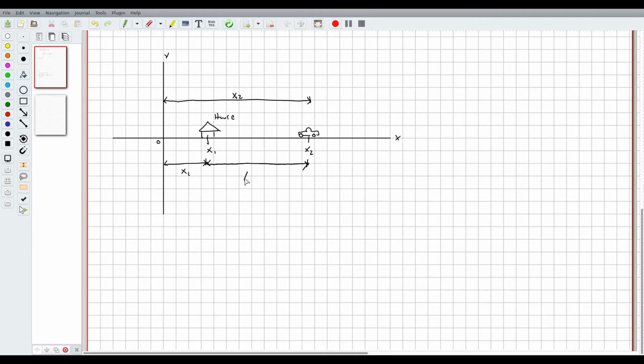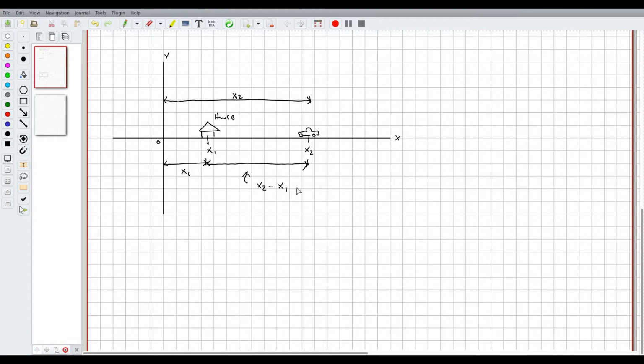So if I wanted this distance right here, what I would do would be to take the length x2 and subtract away x1. So I have this, I subtract this piece right here off, and that leaves me with this distance right here. Now this is a calculation that we do in our head all the time, but obviously not on a sheet of paper.